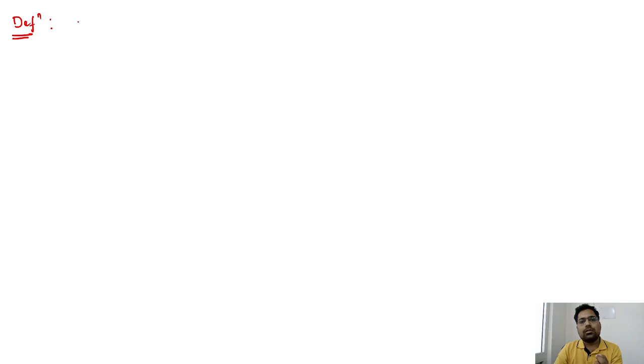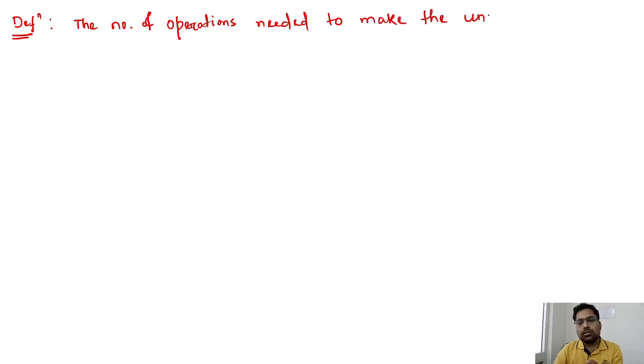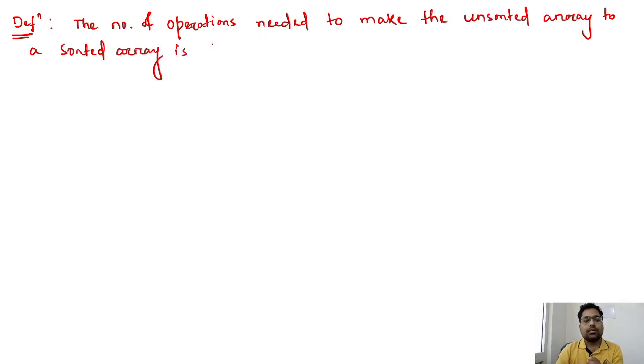The definition suggests the number of operations needed to make the unsorted array to a sorted array is called counting inversion.